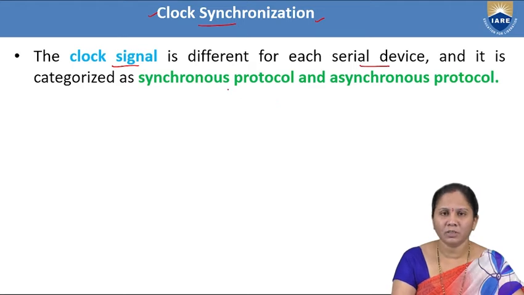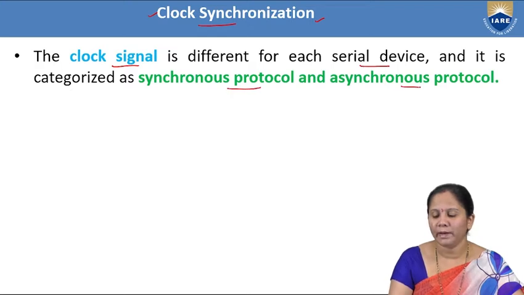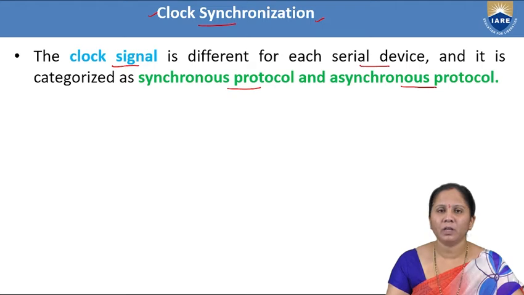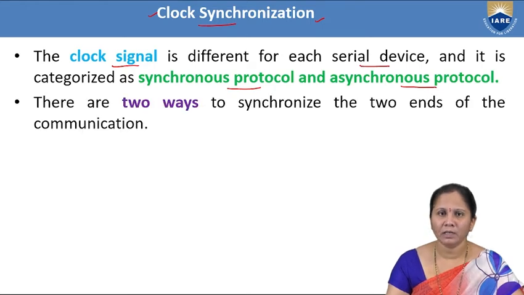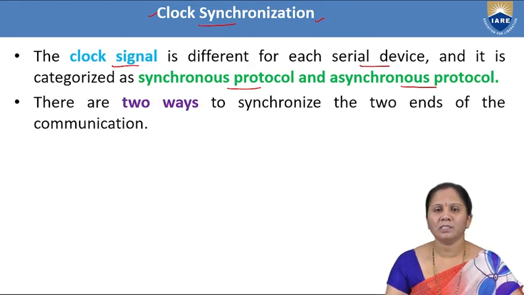That is why, based on this clock signal for the serial devices, it is classified as synchronous protocol and asynchronous protocol. In the synchronous protocol, we will have an external clock signal, whereas in the asynchronous protocol, we will not have any external clock signal, but the data will be transmitted with the help of an internal clock signal.